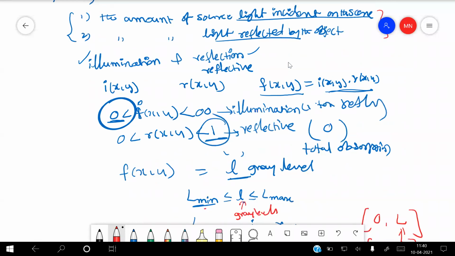The illumination i(x,y) is between 0 and infinity, and the reflectance r(x,y) is between 0 and 1. Here 0 is total absorption and 1 is total reflection.